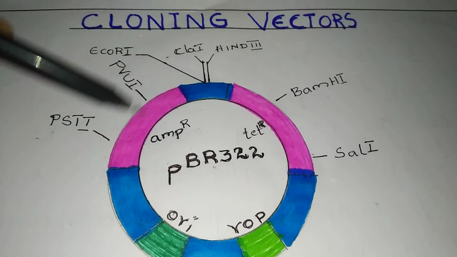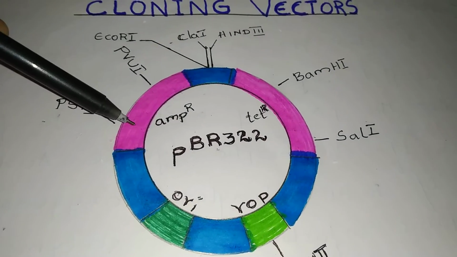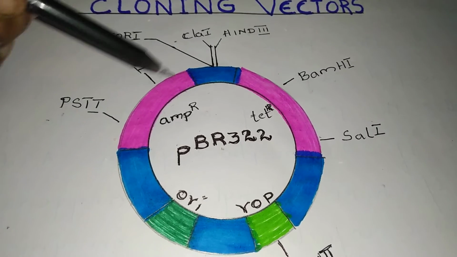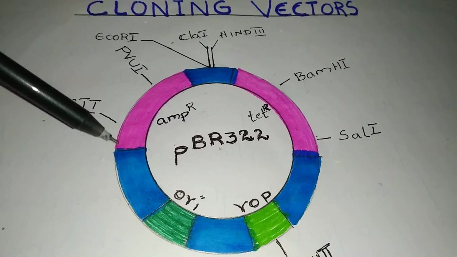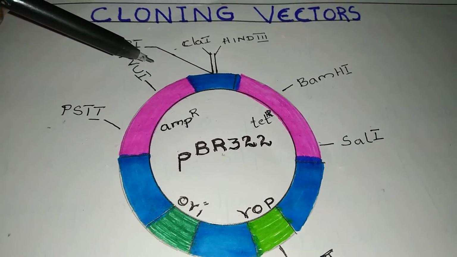So when these transformed cells are placed in solution containing ampicillin, those transformed cells will be able to survive because they have the resistance to ampicillin.